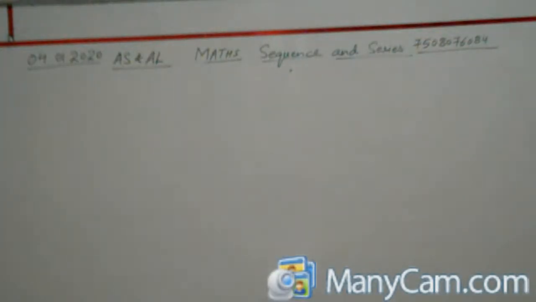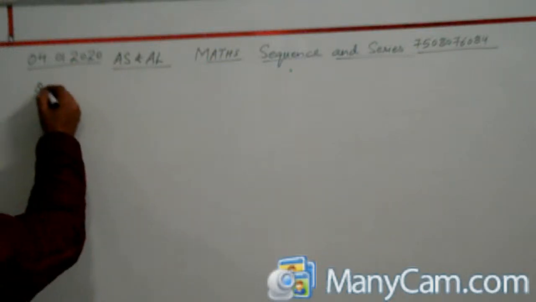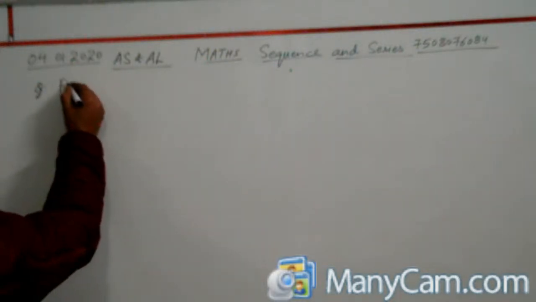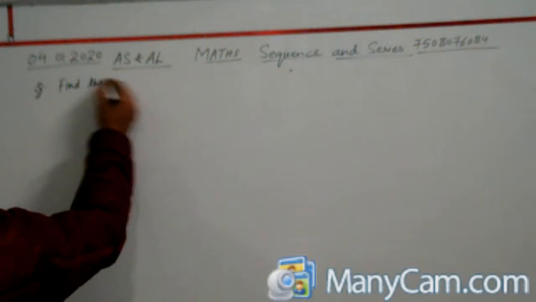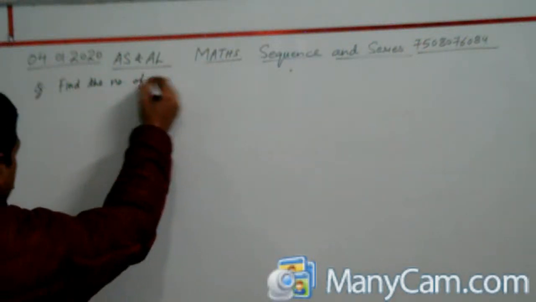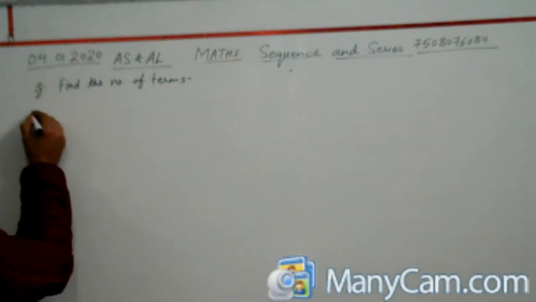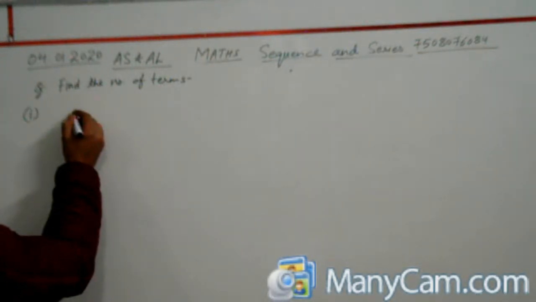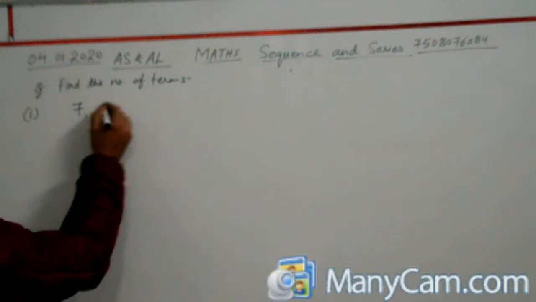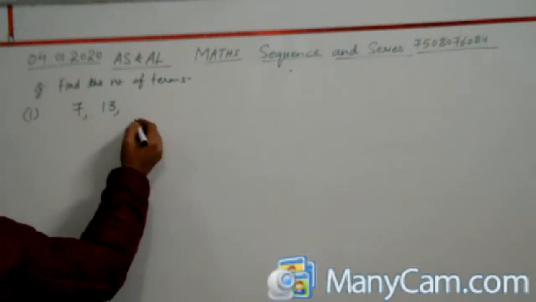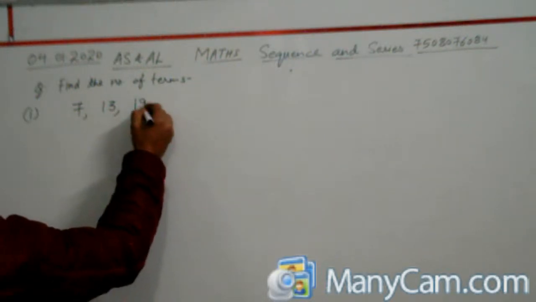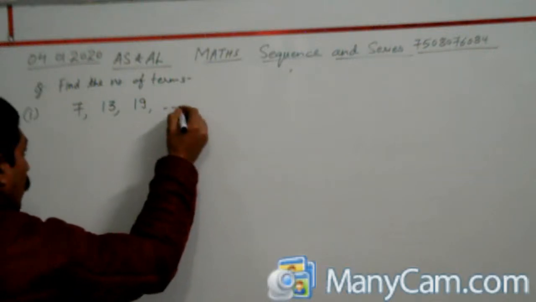So here, find the number of terms in each of the following APs. Two APs are given. The question is to find the number of terms. One is the first part, that starts with 7, then 13, 19, and so on.